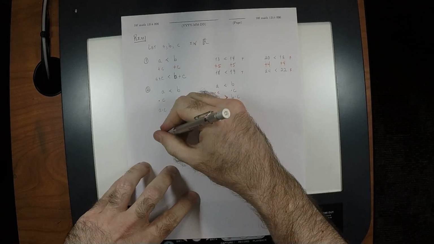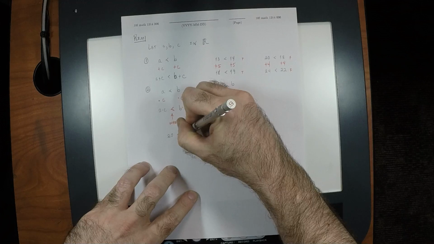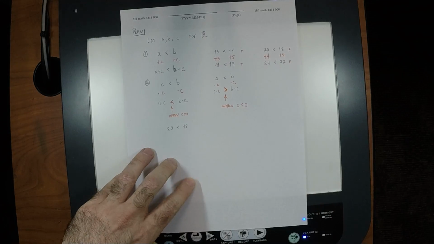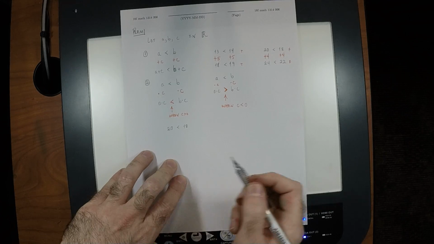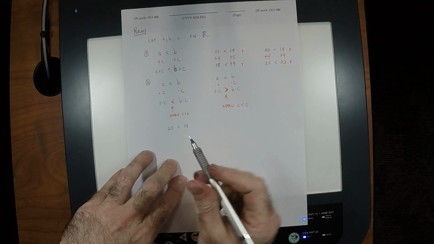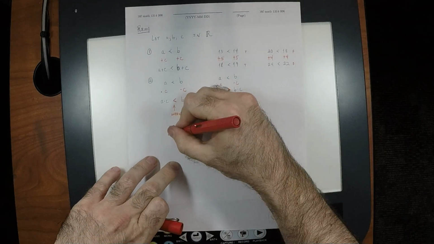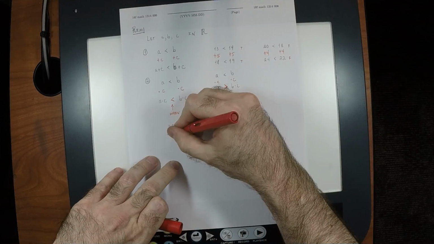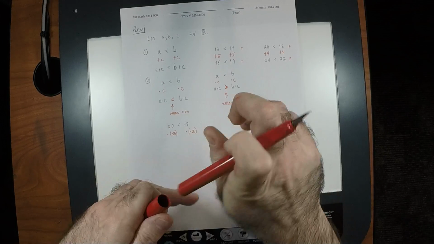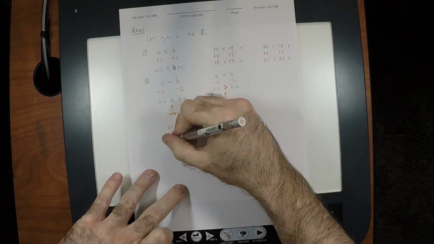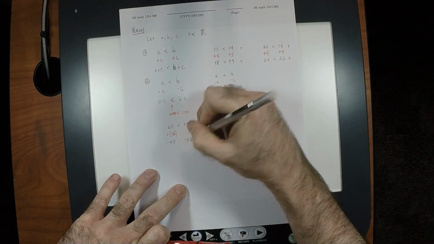So to give an example, how about 20 less than 18? In the first place, that's false, right? So if we multiply both sides by, say, -2, then the new left-hand side would be -40, and the new right-hand side would be -36.